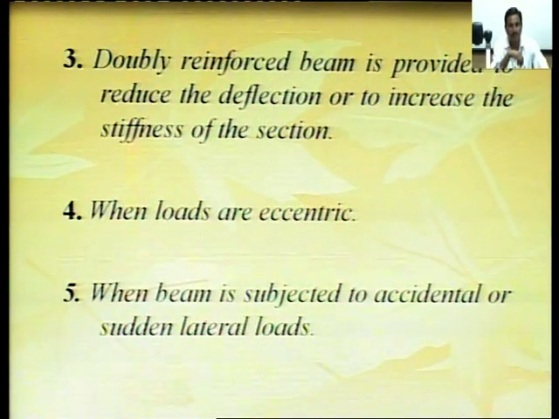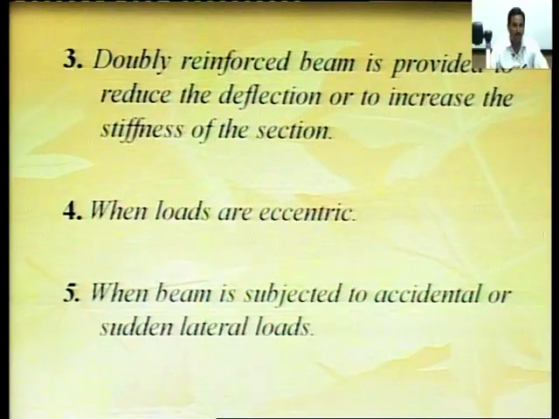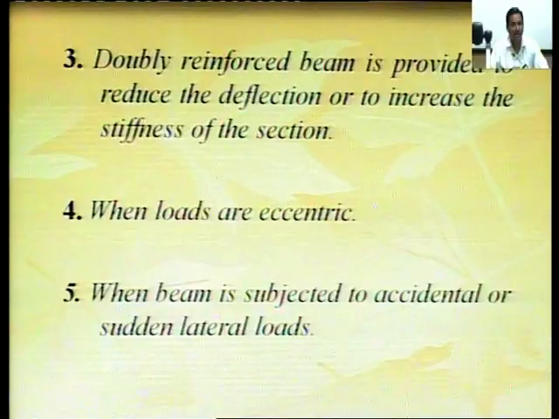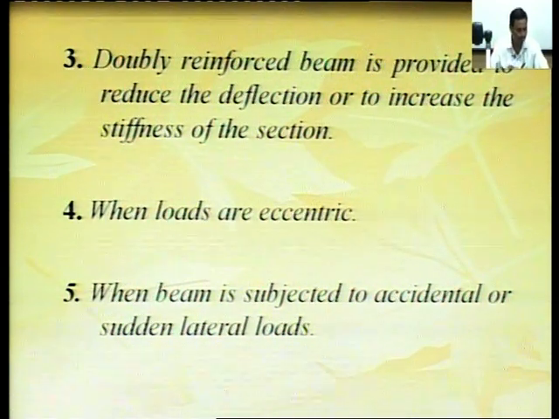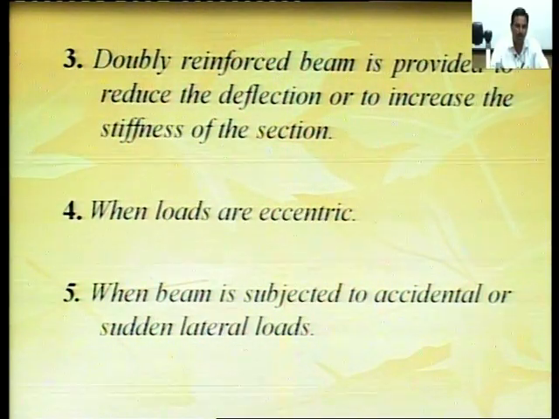Fourth one, when the external loads are eccentric, not centric, in that case doubly reinforced beam is required. Fifth one, when the beam is subjected to accidental or sudden lateral load, such as impact load, in that case we prefer doubly reinforced beam. So, these are the necessities of doubly reinforced beam section.